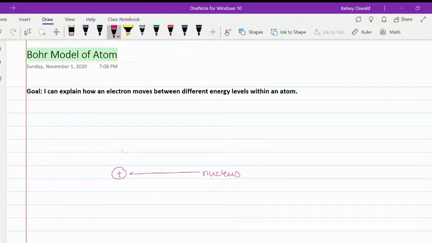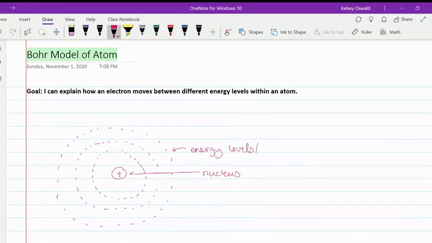What the Bohr model does, though, is it explains what our electrons are doing. According to the Bohr model, we have these different orbits or energy levels on which our electrons exist.